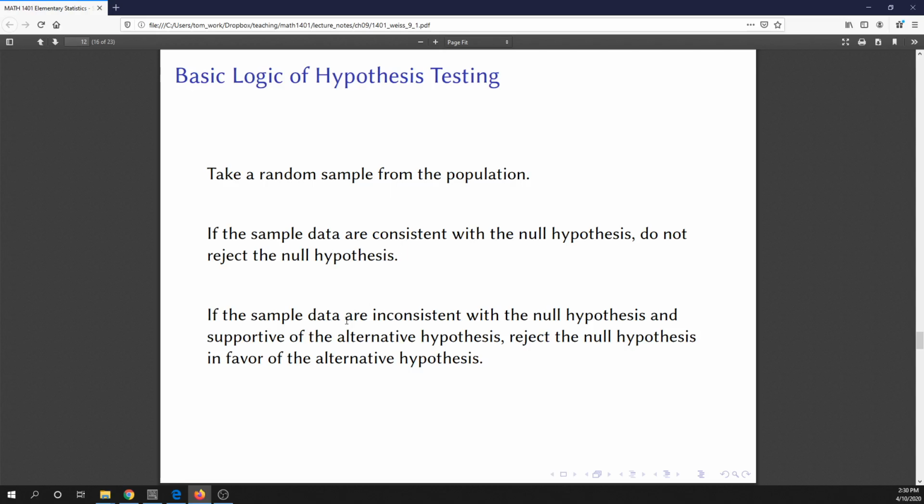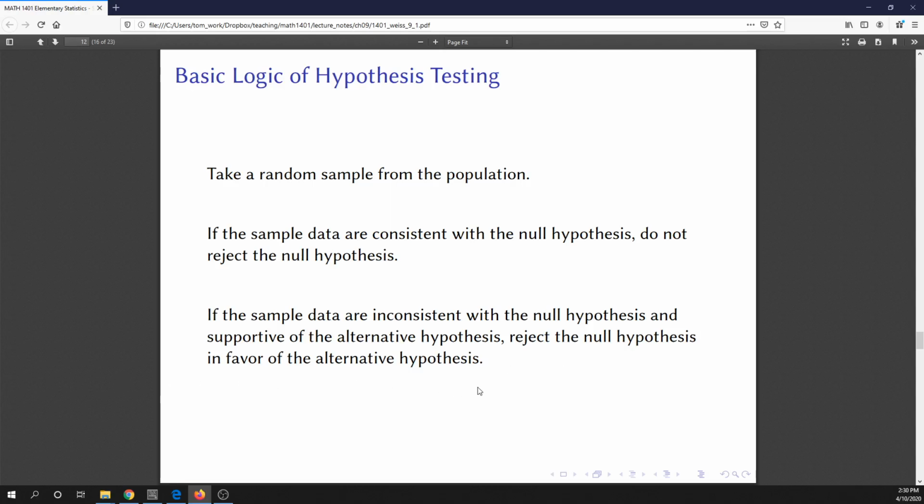If it's consistent with the null hypothesis, then we are not going to reject the null hypothesis. On the other hand, if I get sample data that is not consistent with the null hypothesis, in other words my sample mean looks radically different than what the null hypothesis says, and it supports the alternative hypothesis, we will reject the null hypothesis in favor of the alternative.